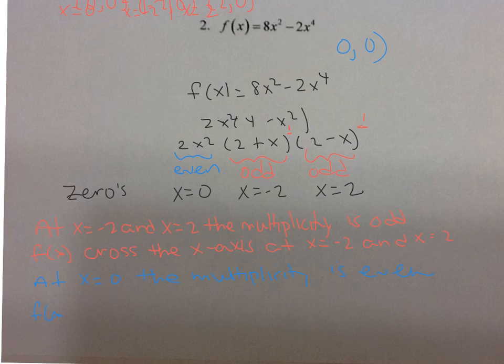So for f of x, when the multiplicity is even, remember it's tangent to the x-axis. So f of x is tangent to the x-axis at x is equal to 0.